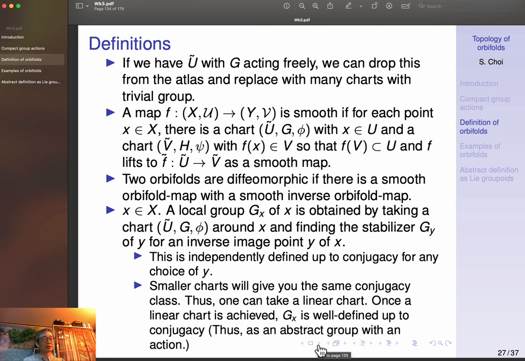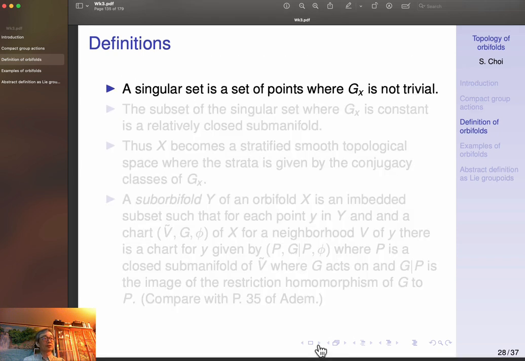Because the action is basically faithful. So as an abstract group with action, G_x is well defined as an abstract group. So the local group is well defined.